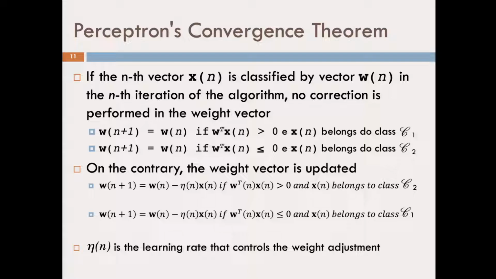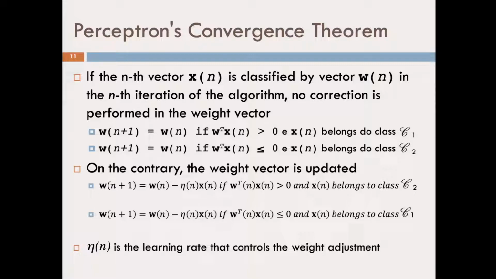Okay, so let's take a look at this. We are going to do this with many, many iterations. If the vector x in iteration n is classified correctly by the weight vector w in iteration n of the algorithm, then no correction is performed in the weight vector.